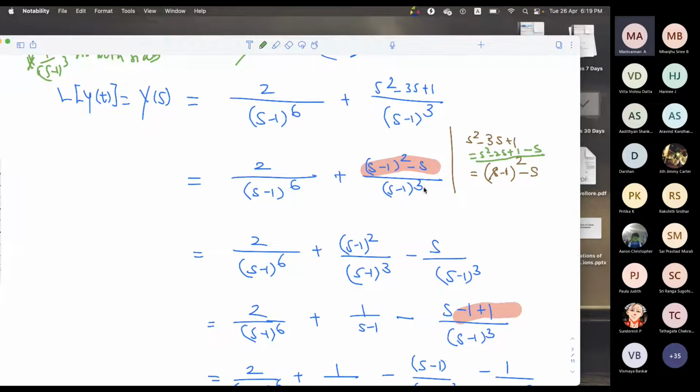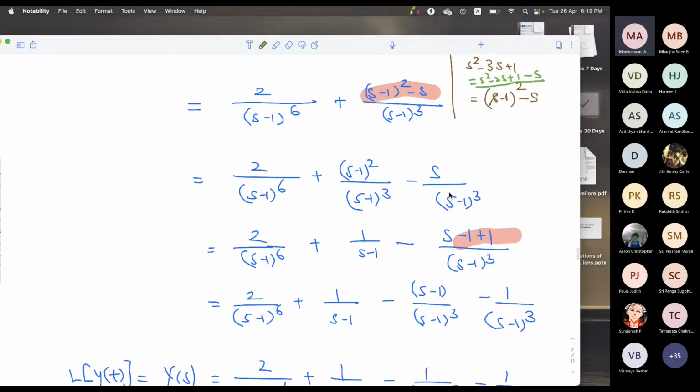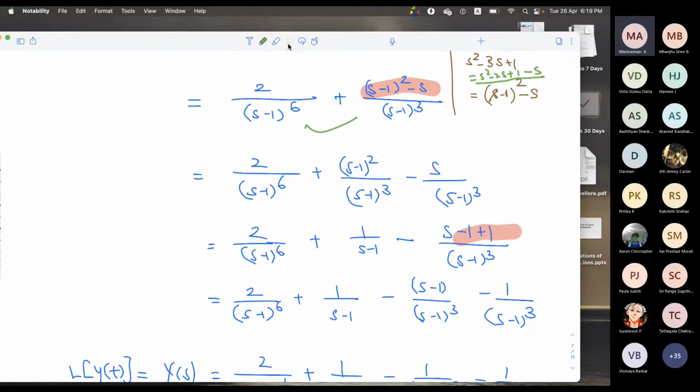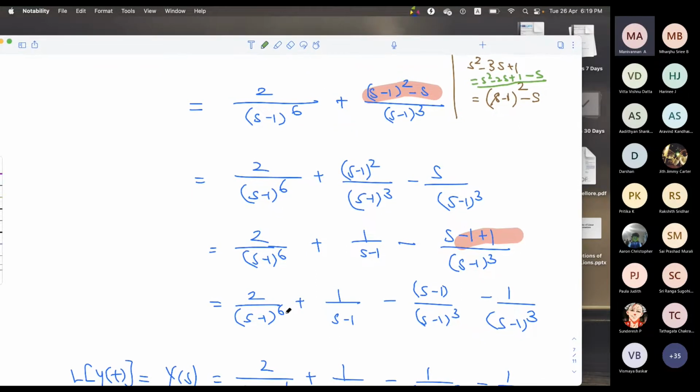So this term and this term, if you write as a sum of two terms, here also this s is there, but here it is s minus 1. Then after that, subtracting and adding this minus 1 and 1. So without using partial fractions, this can be extended up to 4 terms.